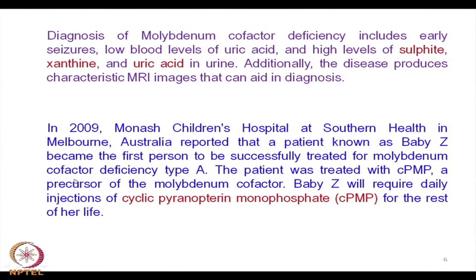So, they have identified very nicely that it is molybdenum cofactor deficiency, not molybdenum deficiency. So, not metal ion deficiency, not iron deficiency, but the corresponding heme deficiency. When we consider that, sometimes we say that you are deficient in hemoglobin, but whether you are deficient in iron or deficient in the globin part or the heme part, that is very important.